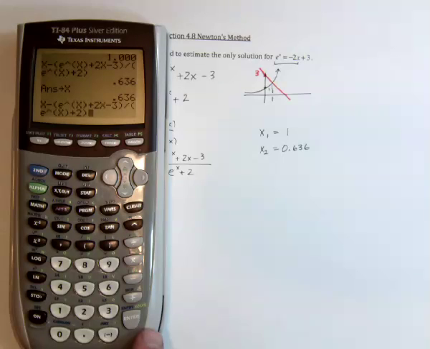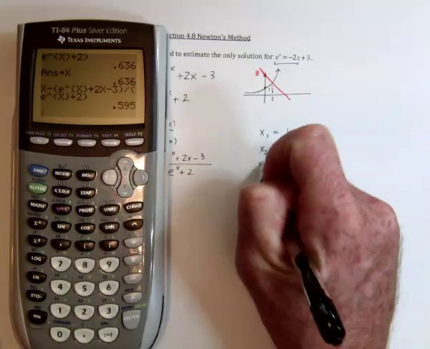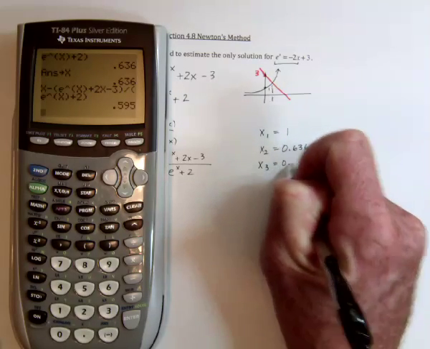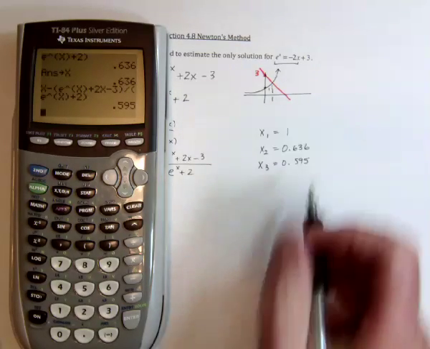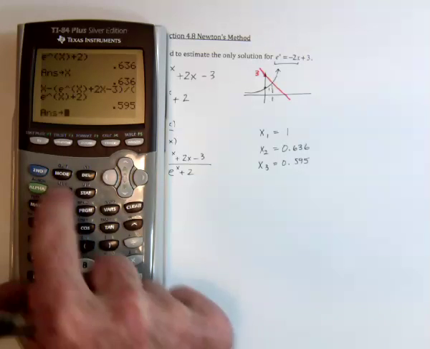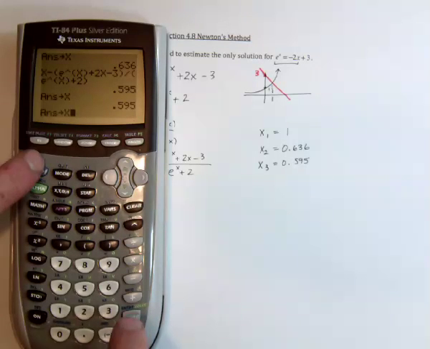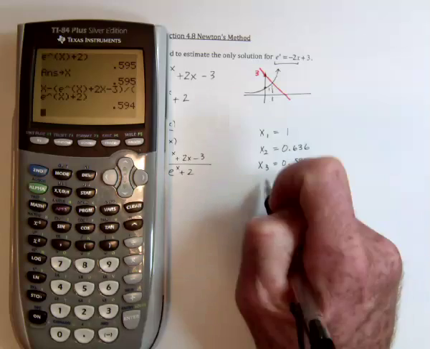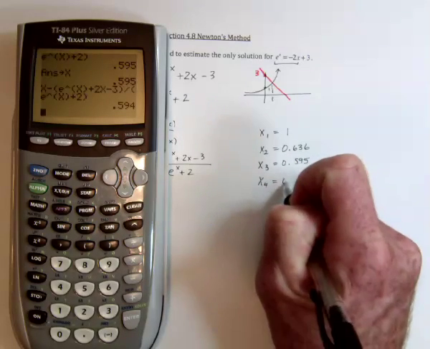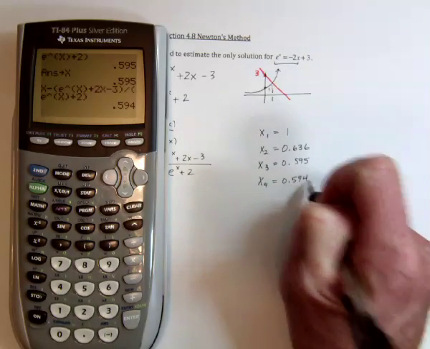So now it's going to take the 0.636 and substitute it in, and we get that x number 3 equals 0.595, and then store that as x. Second enter, and we're almost there. 0.594.